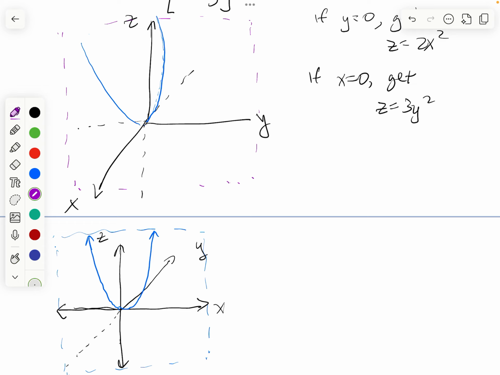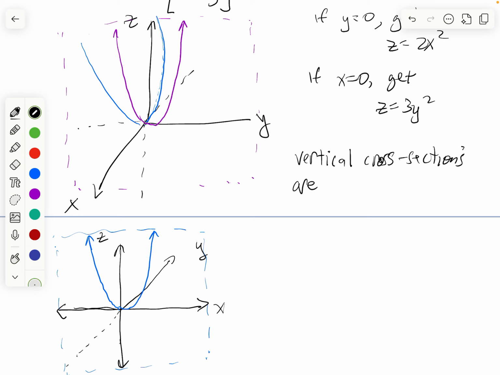So you're going to get 3y squared, like this. And so the vertical cross sections are going to be parabolas. Right? The vertical cross sections are these parabolas.